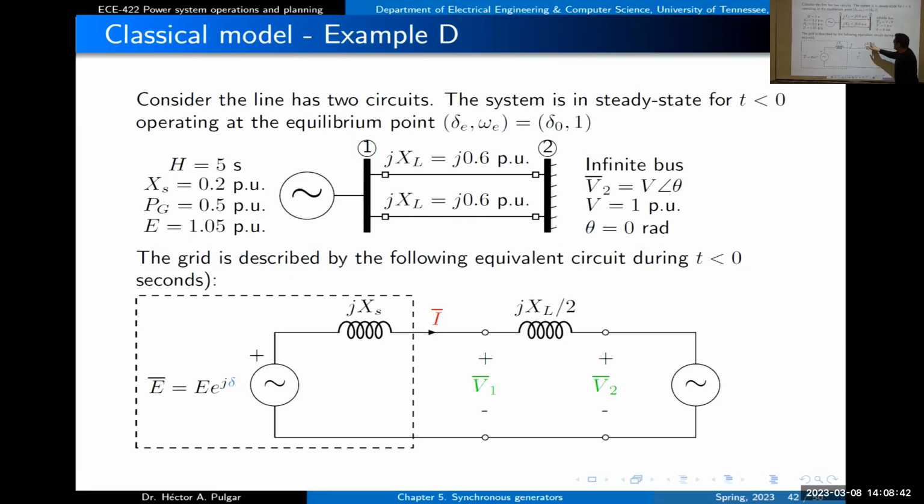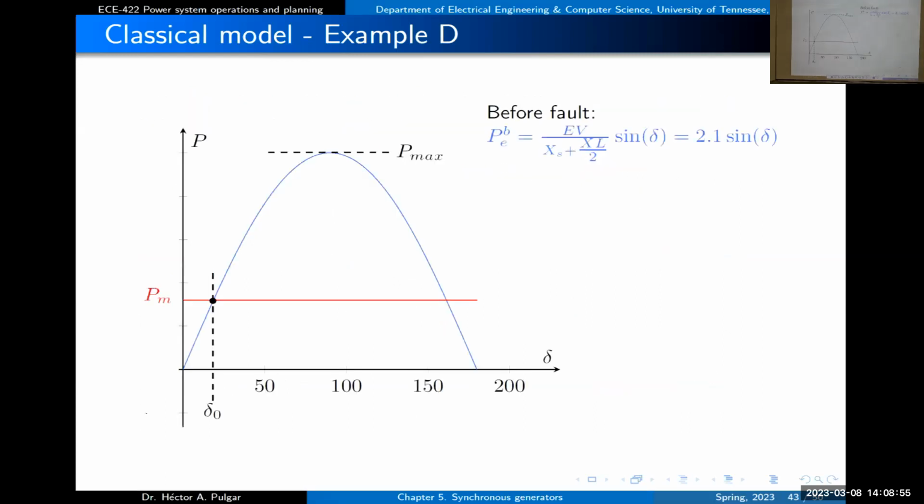The equivalent reactance XL over 2 is 0.3, which is the same value we considered before for the line. So that is the case for the equilibrium point. That's the characteristic of the electrical power. We calculate the equilibrium point and we get delta 0. So this is going to be called the electrical power before the fault.